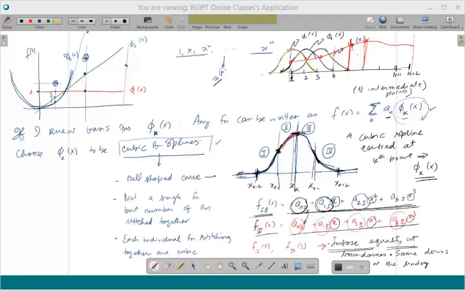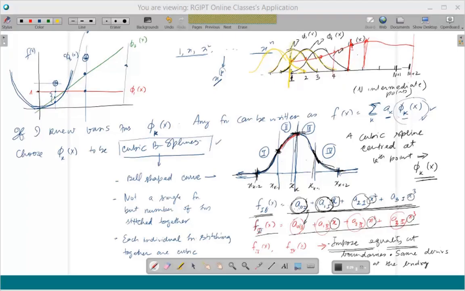One would be centered at the next point, rightward, and there would be one centered on the leftward point. So this would be the other one. These three yellow colored splines, whatever their values are here, can have non-zero values at point 1.